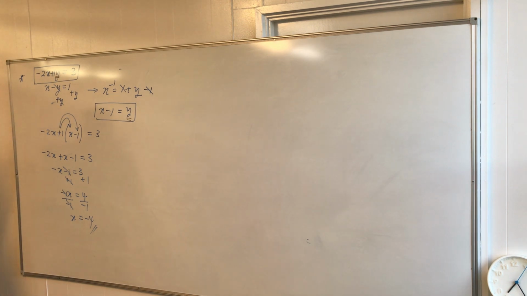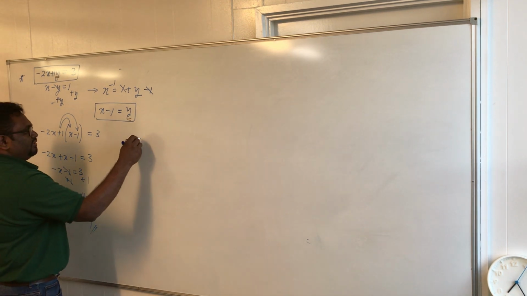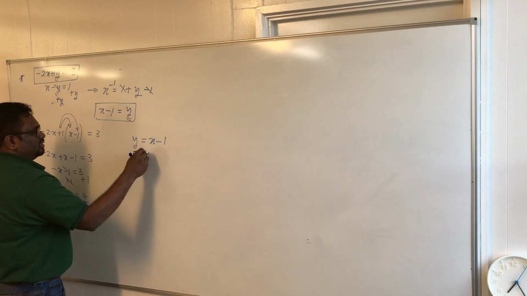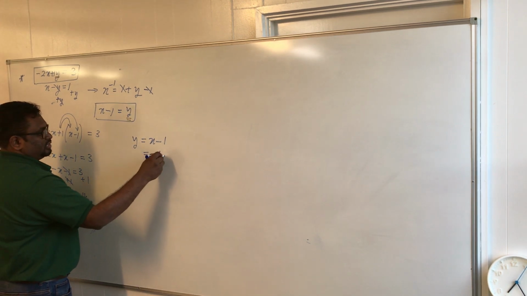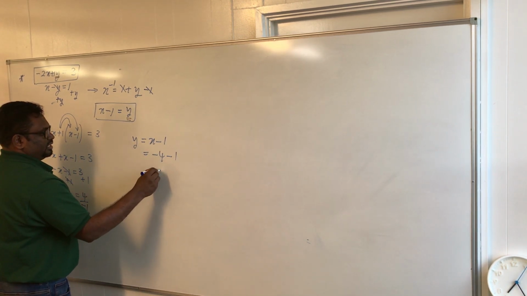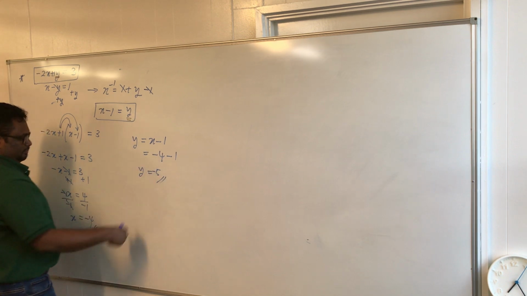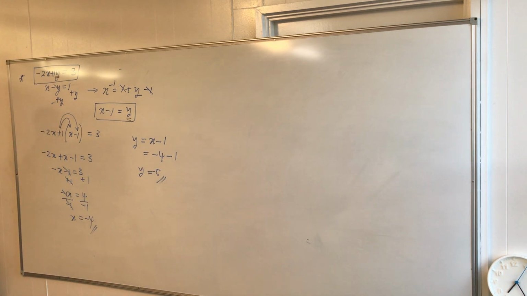So when x is equal to minus 4, you have y is equal to x minus 1. So you put minus 4 here, minus 1, y is equal to minus 5. Yep. You get it now?